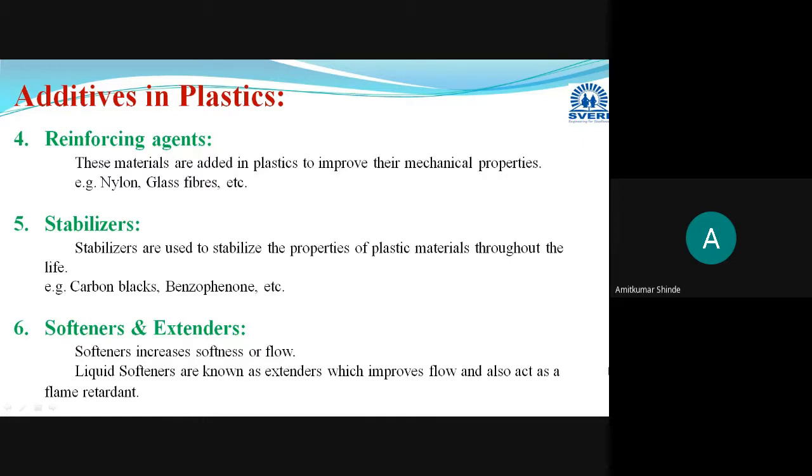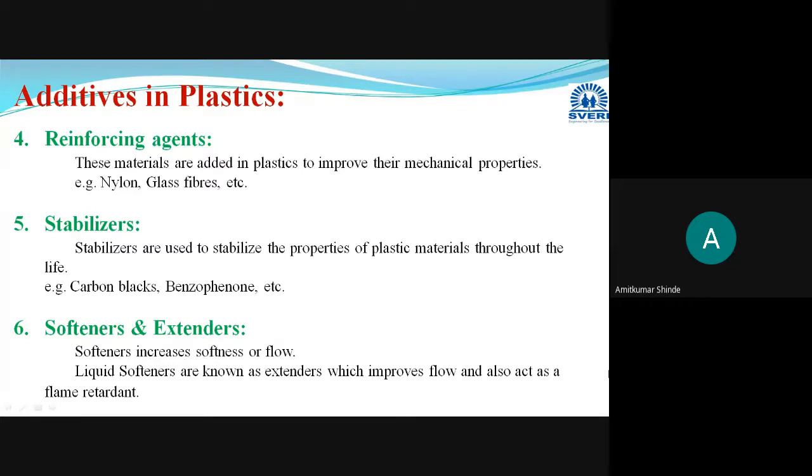These are termed reinforcing agents. They improve mechanical properties like strength and hardness. Practical examples are nylons or different kinds of fibers like glass fibers or metal fibers.